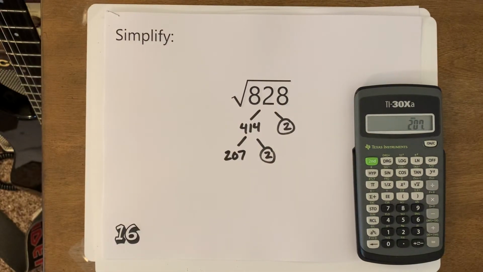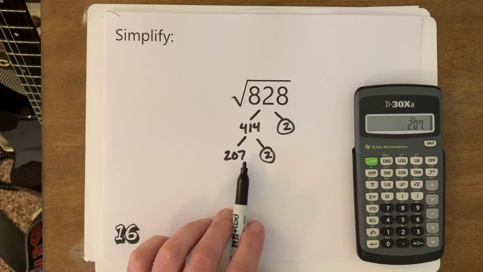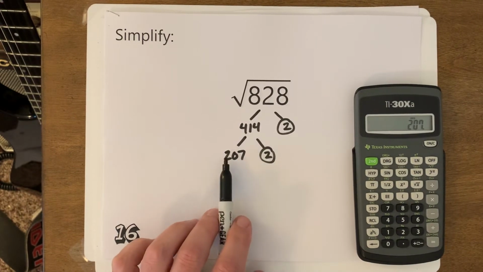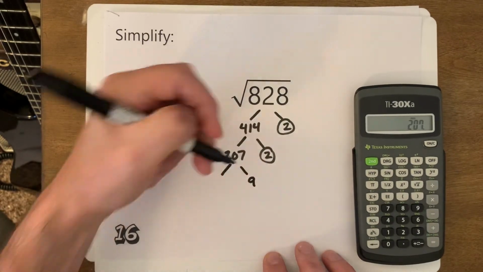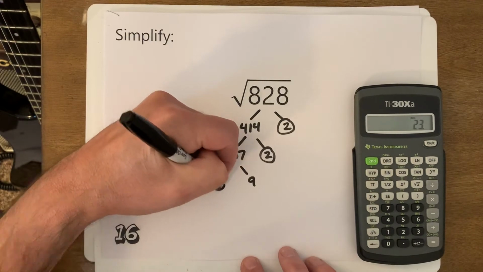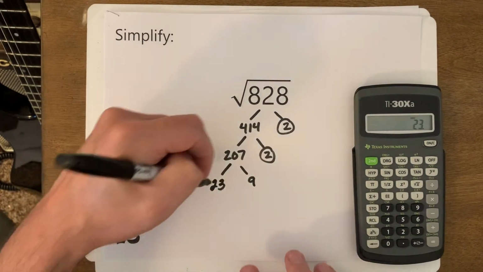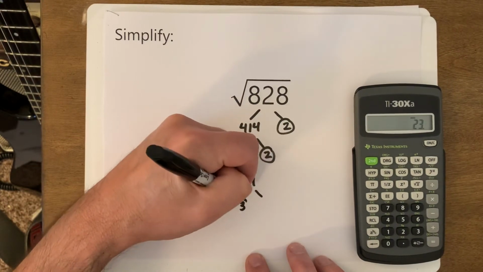Okay, so now I've gotten to a number that if I add the digits up, it's again a multiple of 9. And so I can divide this one by 9. See how handy this is? To know that. Okay, so 207 divided by 9 is 23. So from experience, I know that 23 is prime. That's not going anywhere. 9 goes down into 3 and 3.